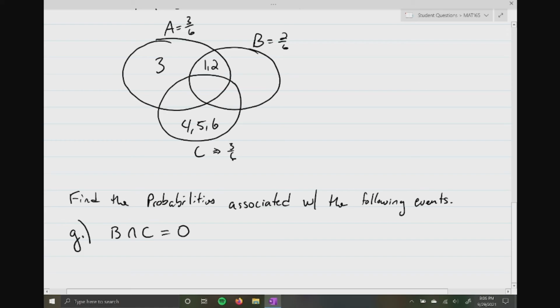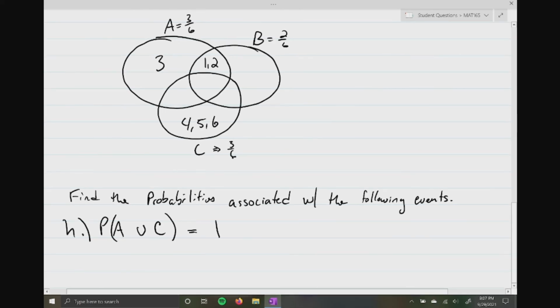Now we're going to have letter H. Letter H is A union C. So the probability of A union C is going to be the entire circle of A and the entire circle of C. If you look at that, that's all of the possible events: 1, 2, 3, 4, 5, and 6. So that's going to be 1 because it's the entire thing.